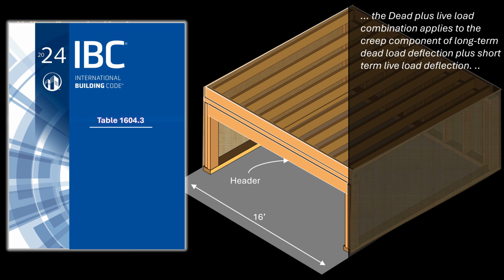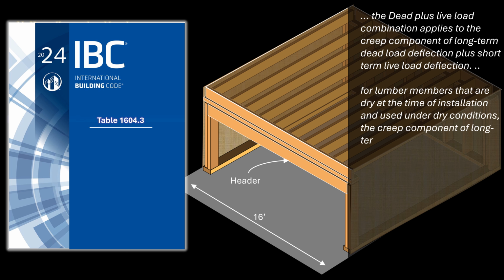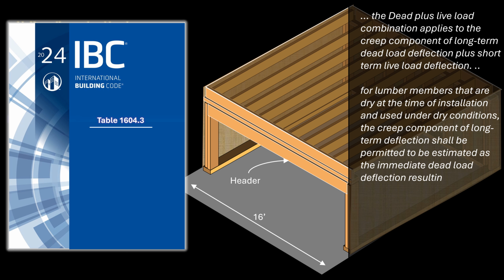The footnote goes on to say that for lumber members that are dry at the time of installation and used under dry conditions, the creep component of long-term deflection shall be permitted to be estimated as the immediate dead load deflection resulting from half the dead load. This means that the code allows a load combination of 0.5 dead plus live load to be used instead of dead plus live load. For this example, we will be conservative and use the full dead load.